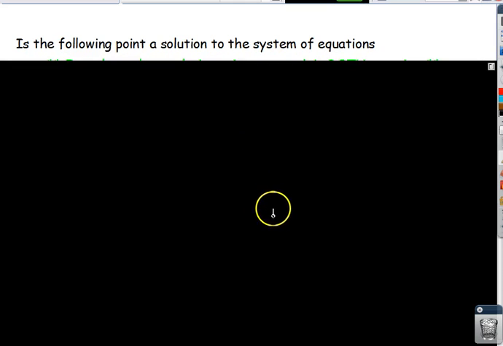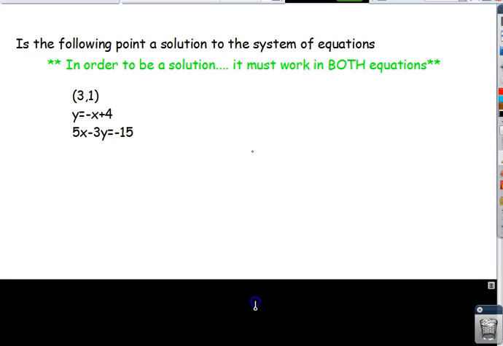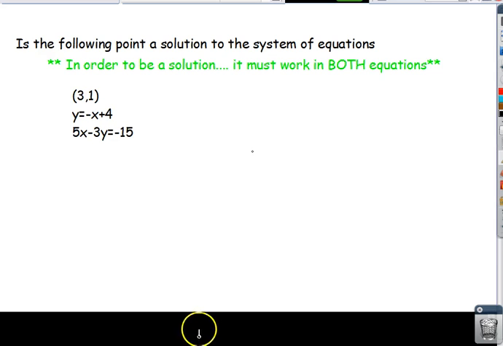Is the following a solution to the system of equations? In order for it to be a solution, it must work in both equations. So I give you an equation here. I give you the point (3, 1). And I ask, does it work in both of these problems? Now, think about this logically.